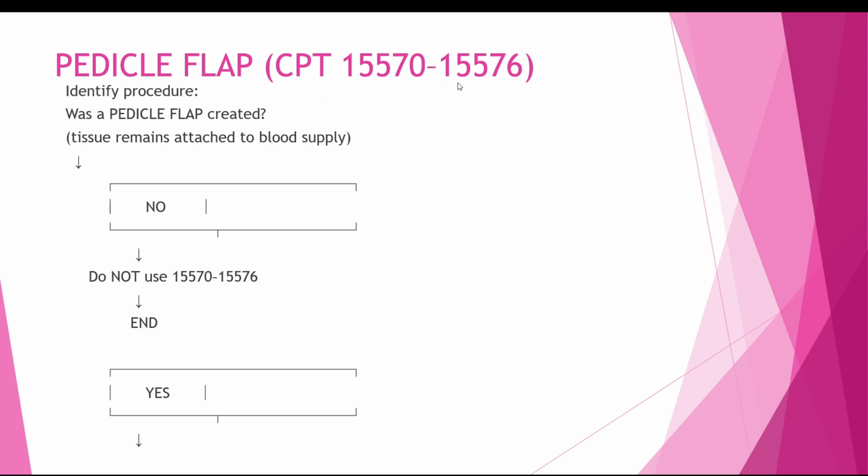CPT codes 15570 to 15576. So first you have to identify the procedure, whether a pedicle flap is created or not. Okay, whether the tissue remain attached to the blood supply. If it is blood supply is not there and the pedicle flap is not there, then you will not code CPT 15570 to 15576.